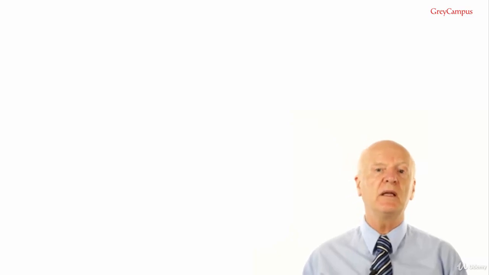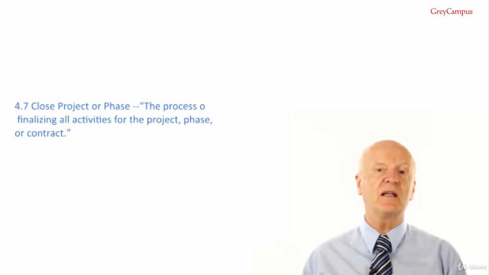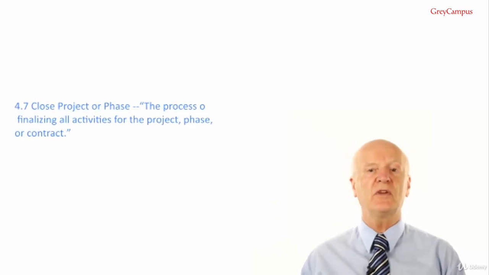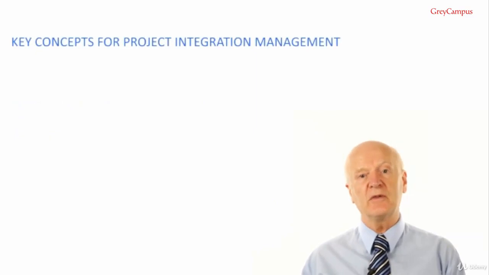Any proposed changes to the project or the deliverables must be authorized by the integrated change control system before the change can be made and the baselines updated. 4.7, close project or phase, the process of finalizing all activities for the project, phase or contract.